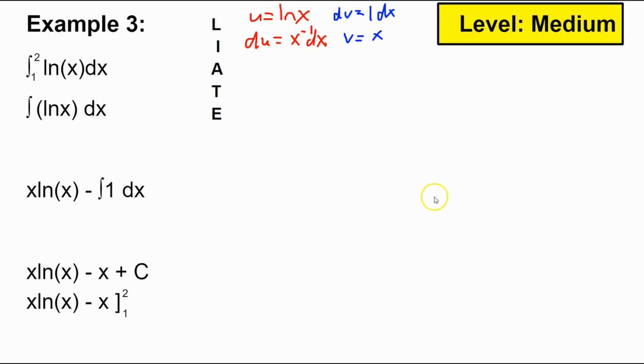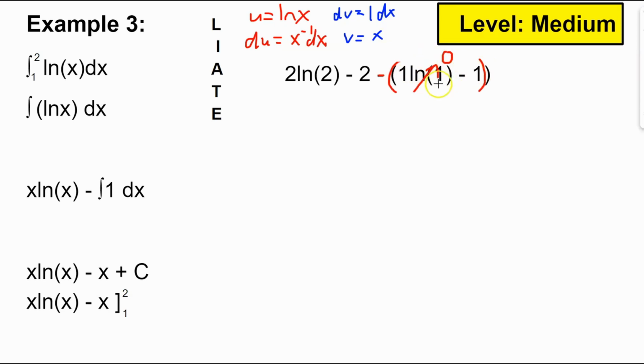So I'm going to move on to the right side and sub in the 2 and the 1. We have 2 ln of 2 minus 1 ln of 1 minus 1. Keep in mind that this minus sign right here is distributed to this whole expression right here. And also ln of 1, if you remember, is just equal to 0. So 1 times 0 is just 0.